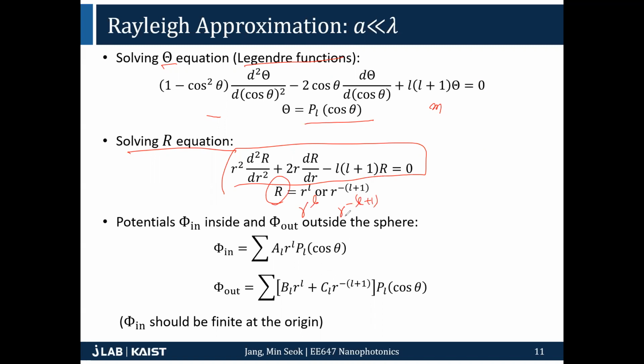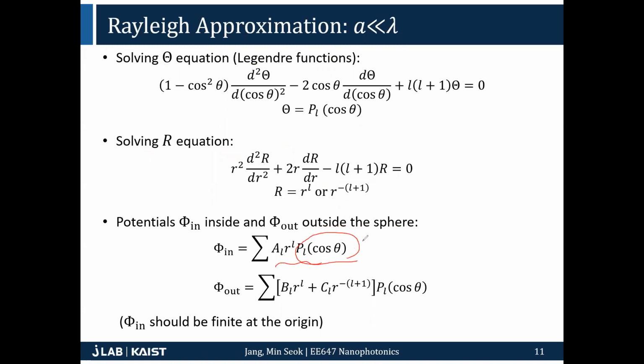Two cases, right? And then if you actually try to write the potentials inside and outside the sphere, inside should look like this. P_L cosine theta is the theta function, and R to the L is the R function.